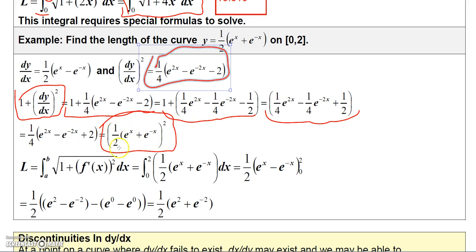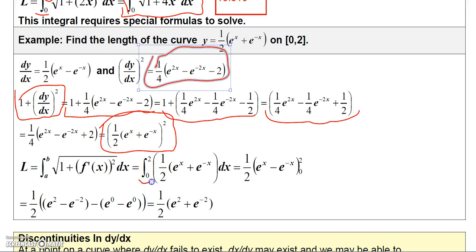So when I put this in the square root and take the square root of it, since this is squared, I just get this expression not squared.